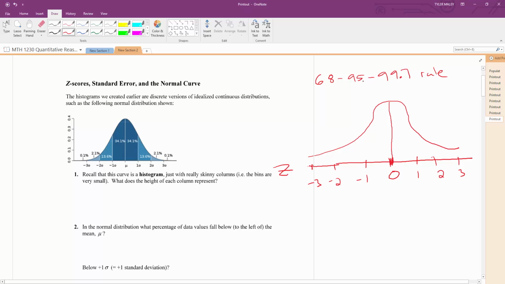So then where this comes into play is in between one standard deviation of our mean, which is always at z-score of 0, there are 68% of our data in between here. So then remember, in between two standard deviations, there are 95% of our data.